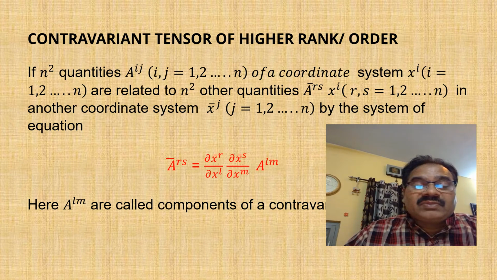Here a l m are called components of a contravariant tensor of rank 2.